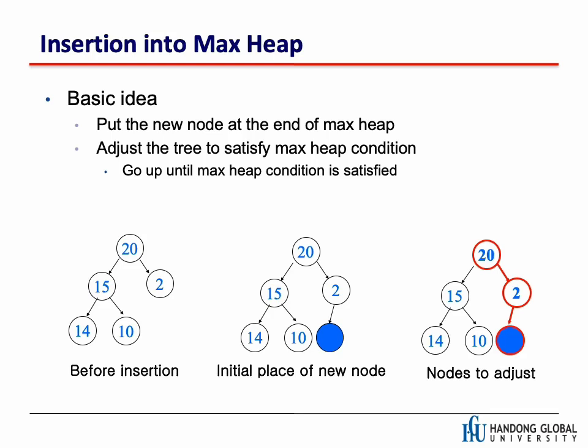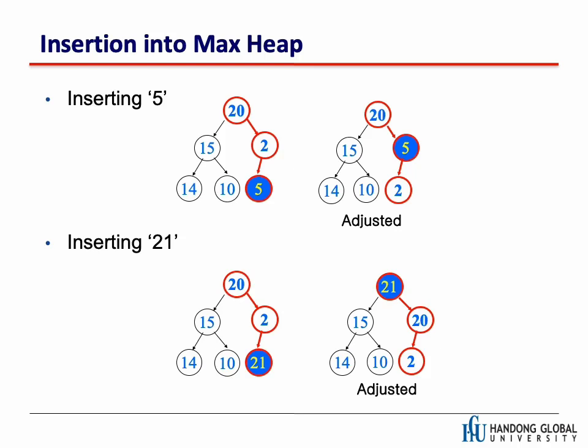If we add something like 50, then we have to swap with 2 first because 2 is smaller than 50, and that's not it. 50 is the right child of 20 now, but 20 is smaller than 50, so we have to swap one more time. So when we add a new node, we have to check the ancestors and go up until the max heap condition is satisfied.